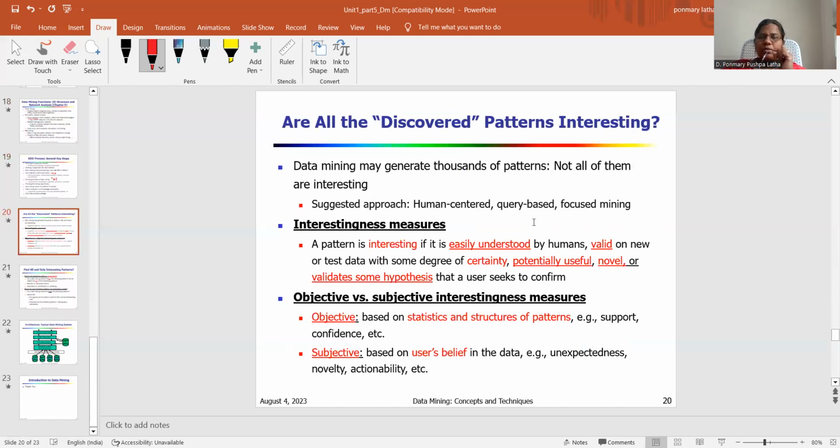Whatever patterns we find cannot all be interesting. We have to find the pattern which is novel and useful to society, and check whether it satisfies our objective and the user's subjective beliefs. Based on that, you can say a pattern is interesting.